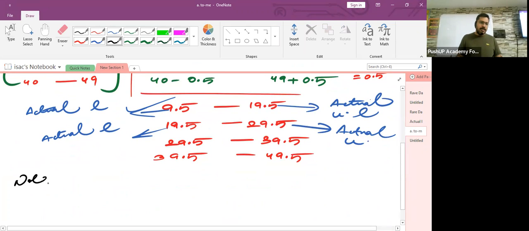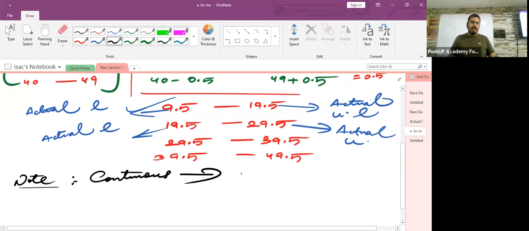Please note it down. Children, first you write continuous. In continuous class interval, upper limit not considered for counting.